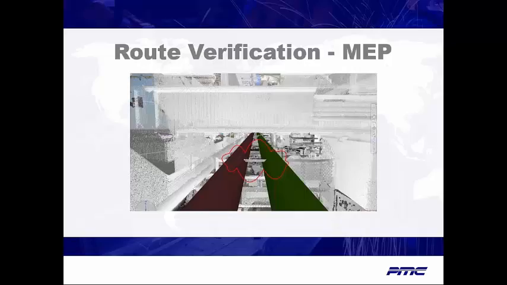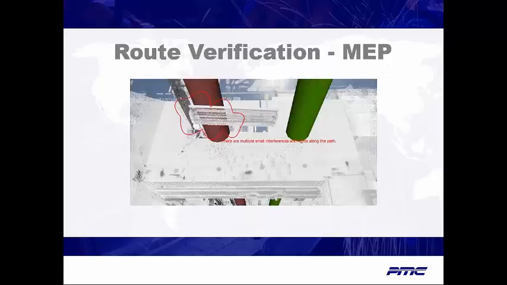A series of collisions were detected, including existing piping, fencing, and numerous light fixtures. This study, which was completed in under 2 weeks, saved an estimated $60,000 in field change orders, and more importantly, valuable time lost in new fabrication.